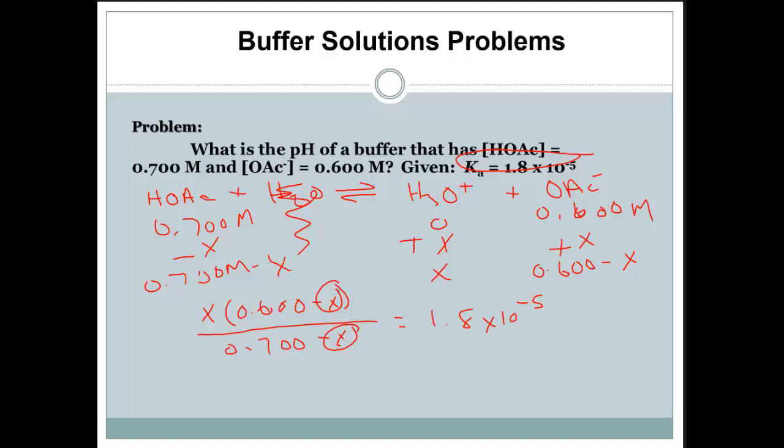Therefore, we're going to leave those out and we're going to double check our assumption in a minute. So let's go ahead and cross multiply the 0.7. That comes out to be 0.600 times x is equal to 1.26 times 10 to the negative 5. Now divide both sides by 0.6.